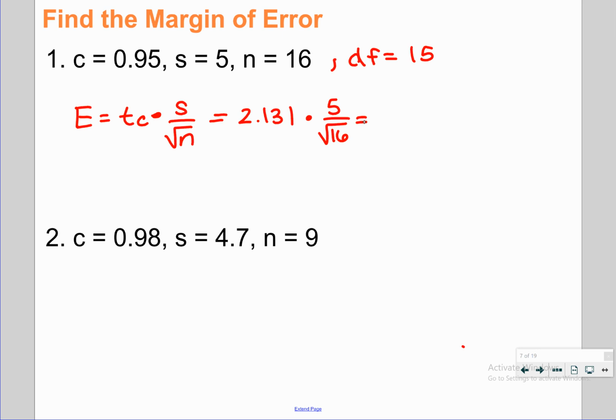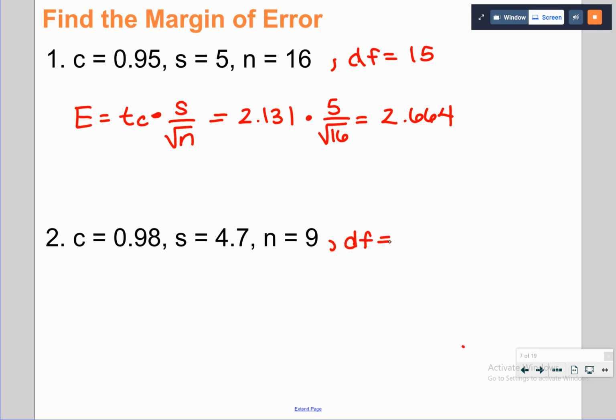Times standard deviation over square root of n, square root of 16. We get 2.664. I'll give it 3 decimal places. All right, my next one: 98% confidence level, standard deviation of 4.7, sample size of 9, degrees of freedom is 8.